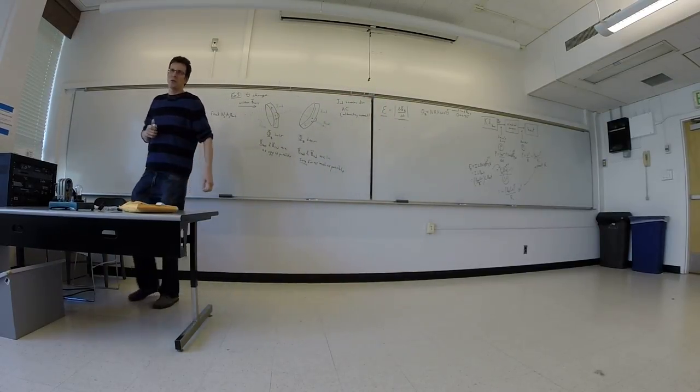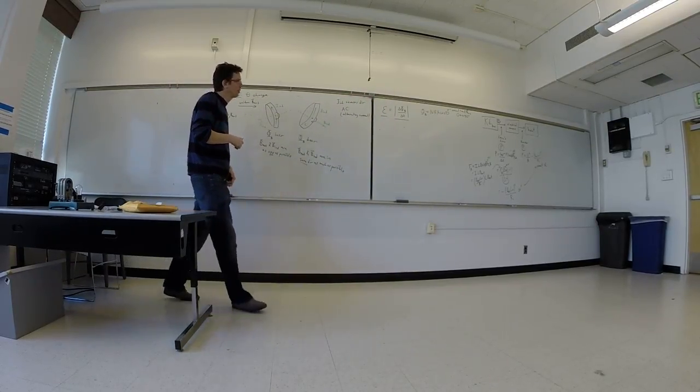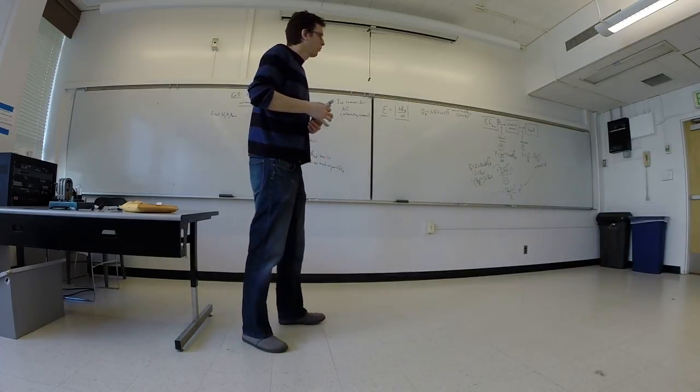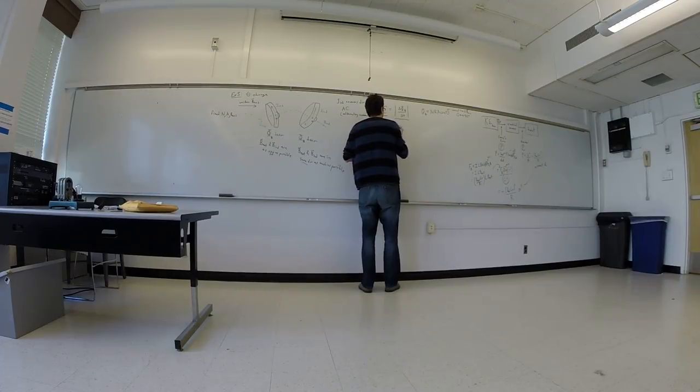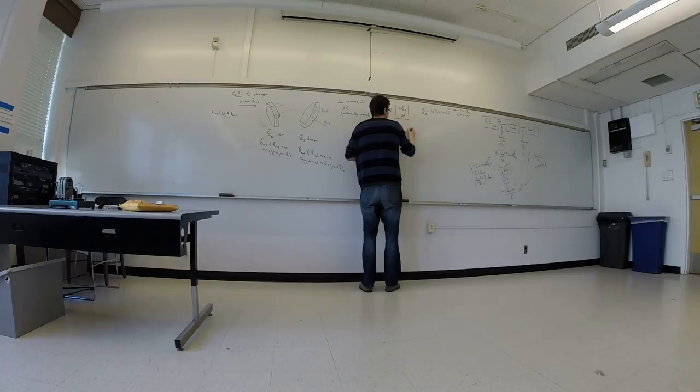Back and forth, back and forth between those angles. So let's go ahead and work it out. N is constant, B external is constant, A is constant. The only thing that changes is theta.